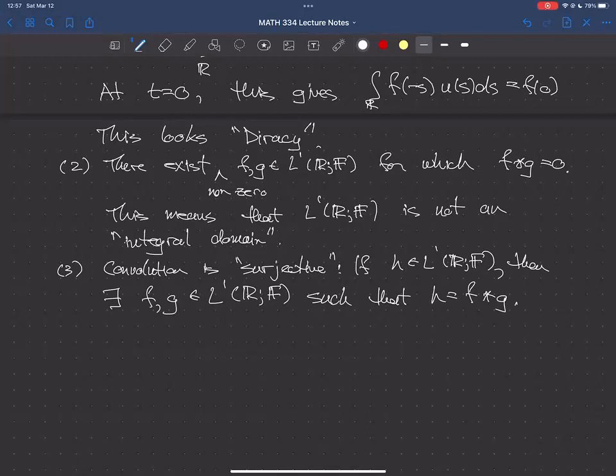All right, so by considering convolutions of things, you're not excluding anything in L1.